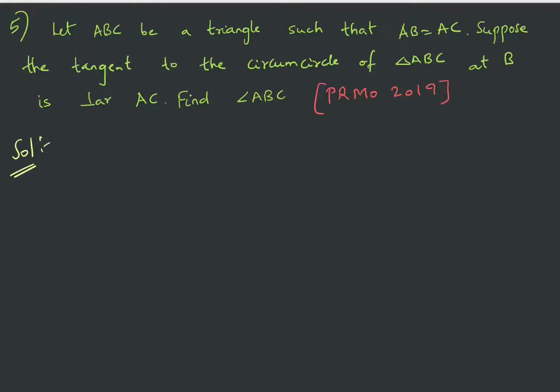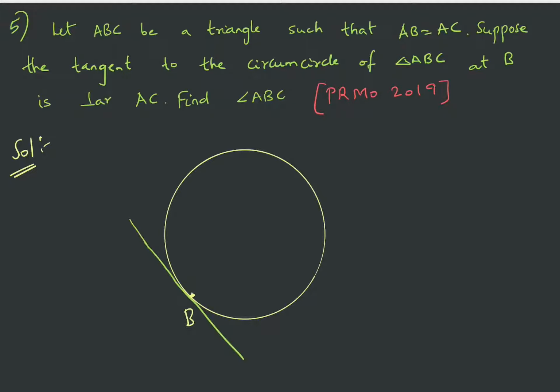Yes, so let us discuss this solution. So first I am drawing the circumcircle itself. Okay, this would be easy for me. I am drawing the circumcircle, and then there is a point B at which the tangent is perpendicular to AC. So let us draw the tangent first at B. So this is the tangent at B, right? And this is perpendicular to AC.